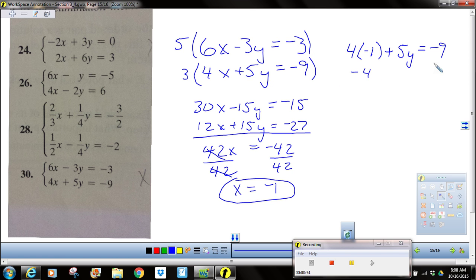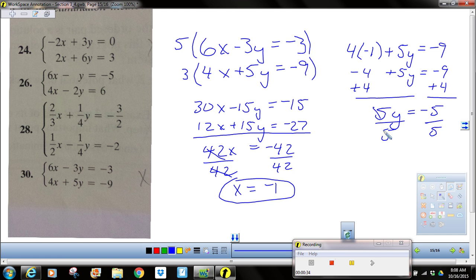Now I'm just going to solve for y. And I have an ordered pair. Negative 1, negative 1.